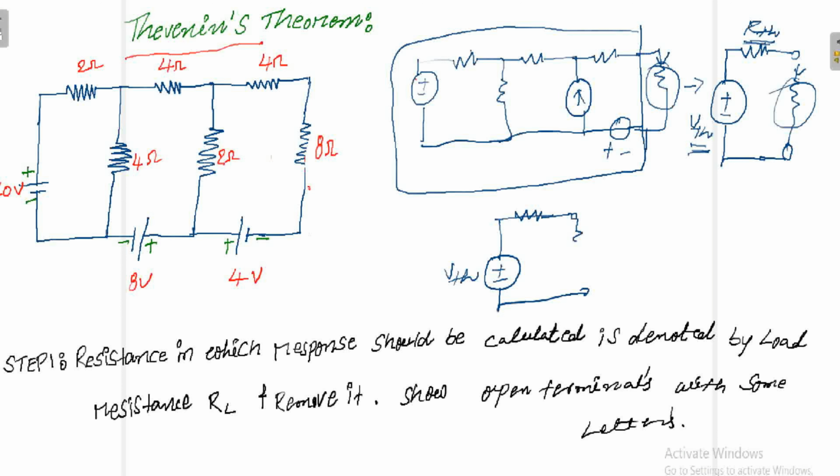I can connect 8 ohms. If I want to find the current through this 8 ohms, we can easily find it. If I replace this 8 ohms with 10 ohms, we can easily find it.